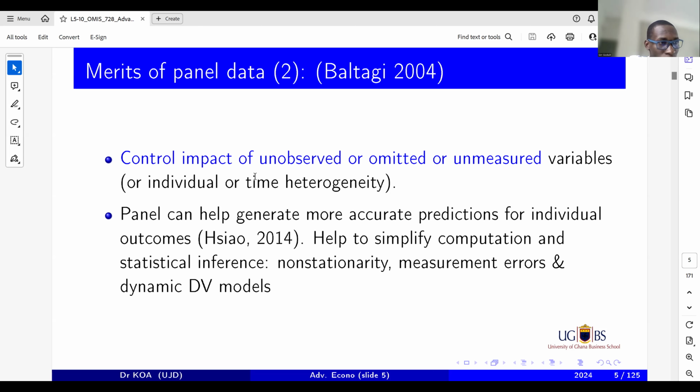And you can use it for a lot of dynamic dependent variable analysis, especially when, suppose you want to predict the probability of a customer defaulting on his loan. The probability of that customer defaulting is a predictive analytics model, and you want to use panel data to capture that.